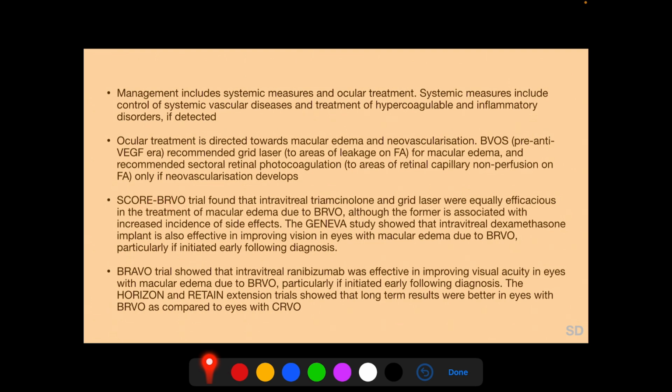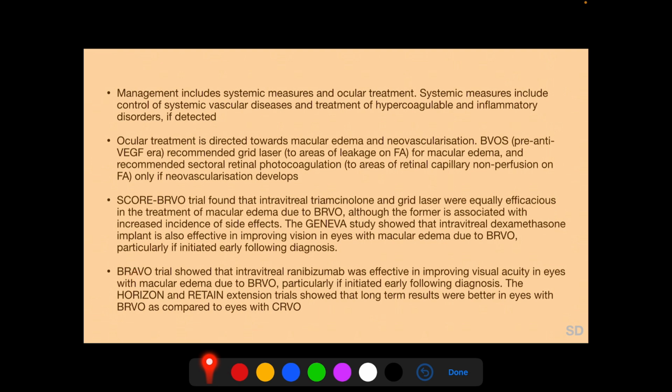The SCORE-BRVO trial found that intravitreal triamcinolone and grid laser were equally efficacious in the treatment of macular edema due to BRVO, although triamcinolone was associated with increased incidence of side effects. The GENEVA study showed that intravitreal dexamethasone implant is also effective in improving vision in eyes with macular edema due to BRVO, particularly if initiated early following diagnosis.